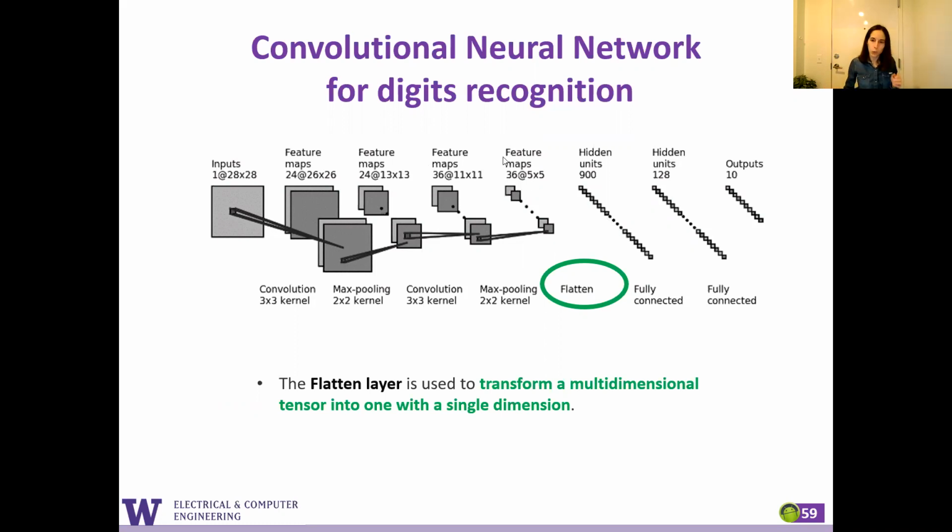So for that, we have what is called the flatten, because the input right now is not an array, it is this 24 by 24. We want to transform a multidimensional tensor, and this will give, in this case, 900 units.